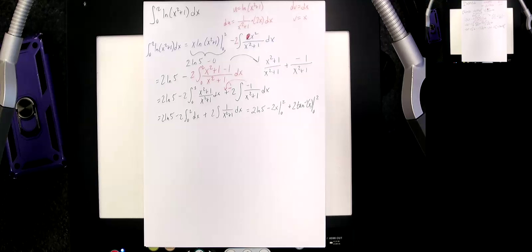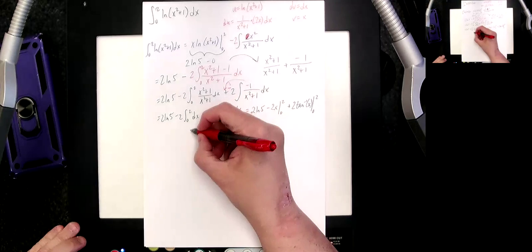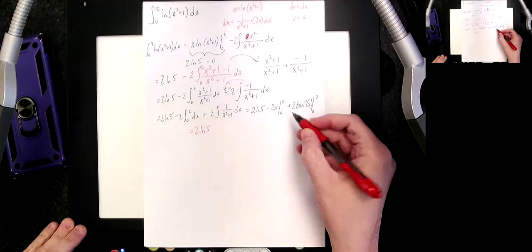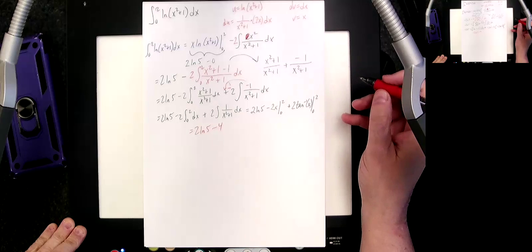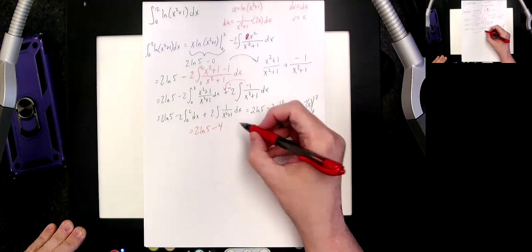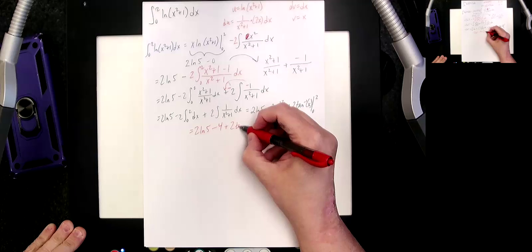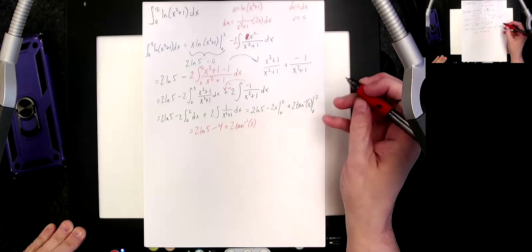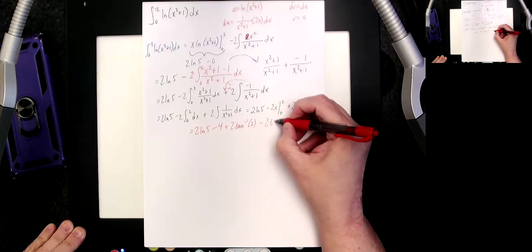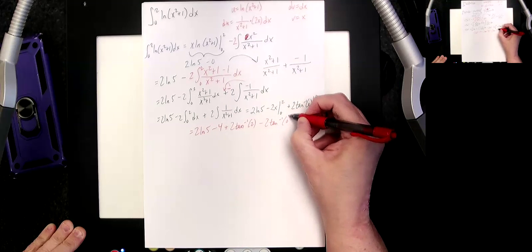This just ends up being 2 natural log of 5, minus 2 times 2 is -4, plus 2 tangent inverse of 2, minus 2 tangent inverse of 0.